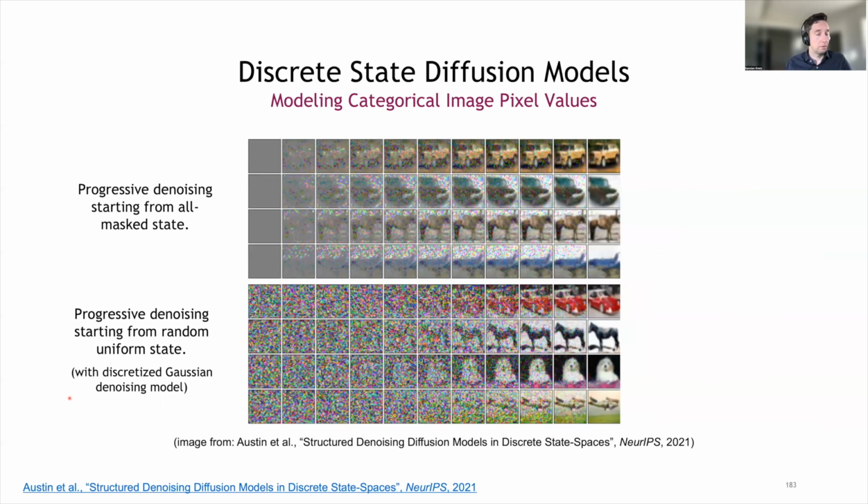For instance, we can also apply this on images by modeling the pixel values of images as discrete states. One can do this starting from uniformly distributed pixel values, or here from this all gray state, or all masked out state.